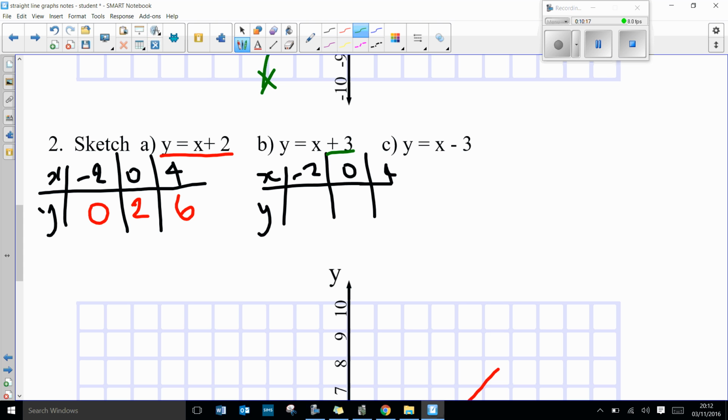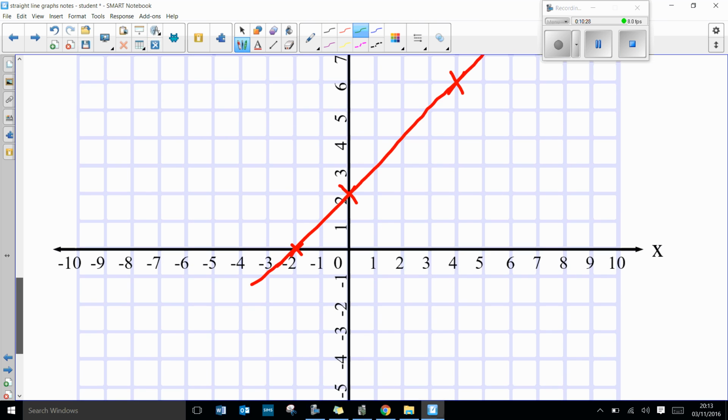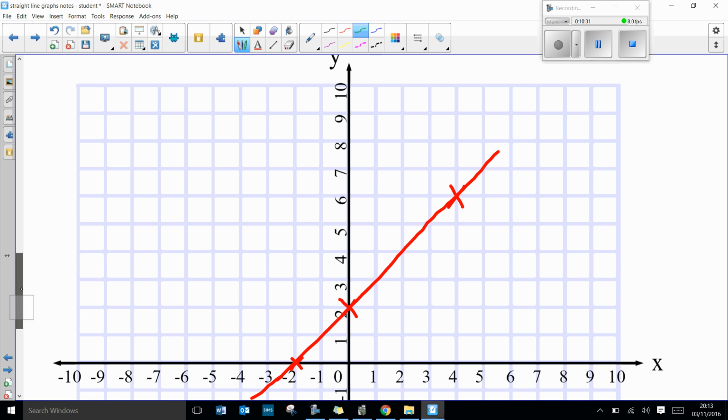So -2 plus 3 is 1. 0 plus 3 is 3. And 4 plus 3 is 7. So -2, 1, 0, 3, 4, 7.